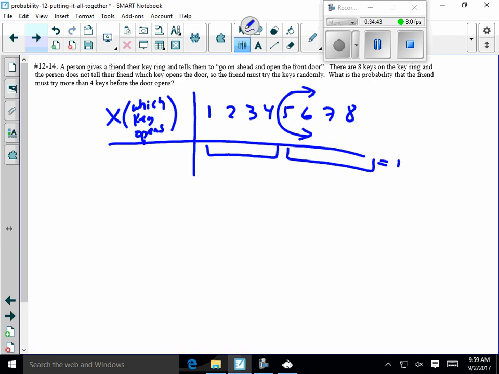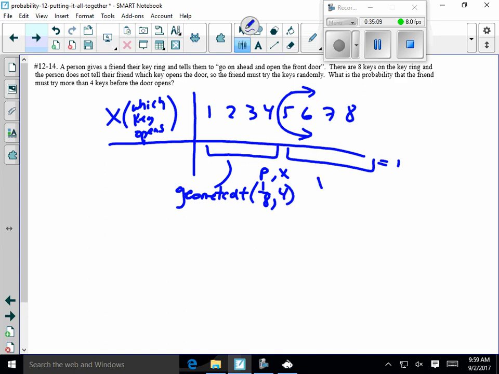So if this one over here is geometric, so geometcdf, what do we have to do for geometric probabilities? We have to enter the probability of success on any individual trial and then the particular number that we're interested in. So this would be 1/8 chance of opening the door, and then up to and including 4.